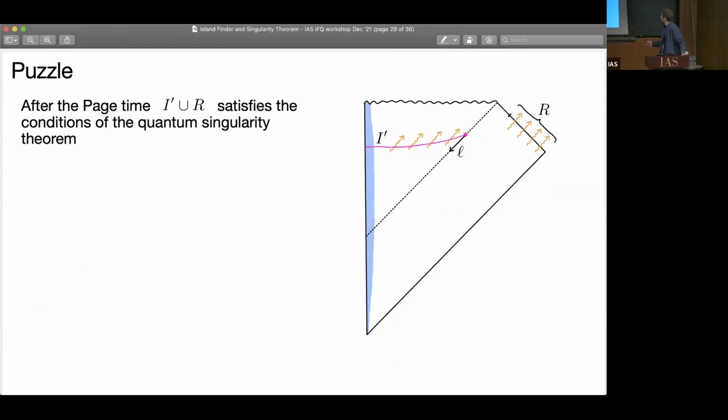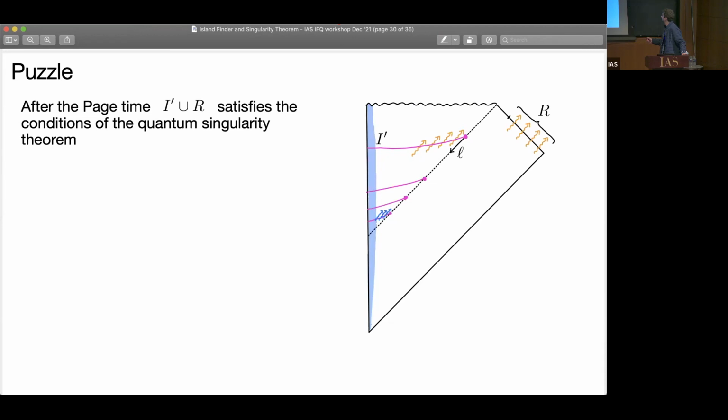So in this case, what happens is that the generalized entropy goes down and becomes very small at the very tip at the bottom. The assumption was that you can go to a slice which is a little bit below that point, and that the generalized entropy will continue to decrease, right?